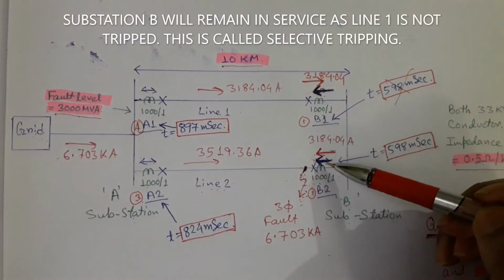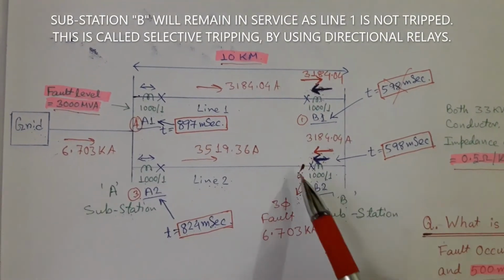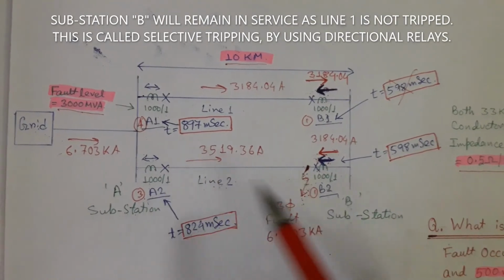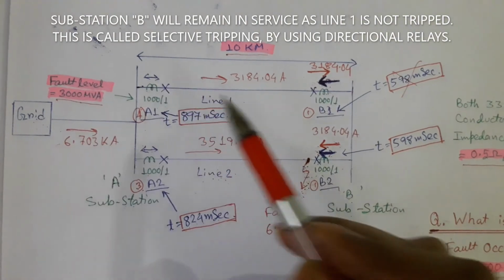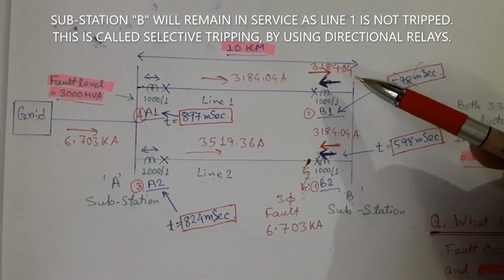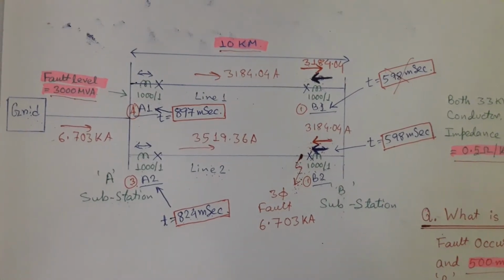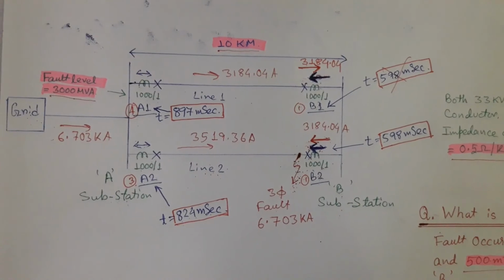So if we use directional relays in parallel circuit, then for any fault at this point, this and this two circuit breakers will clear this fault, and this circuit breaker will remain in operation. So there will be no blackout in this substation B. That's why we use directional overcurrent relay in parallel circuits.